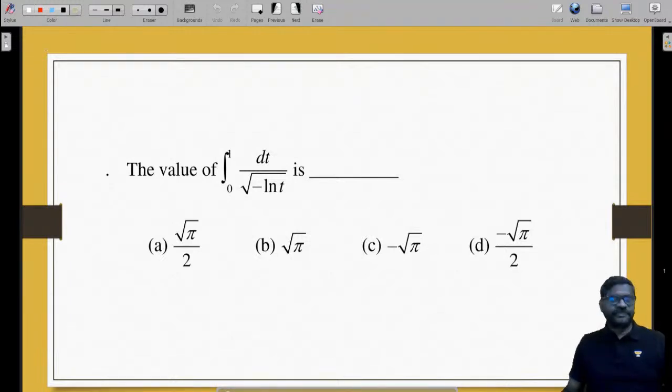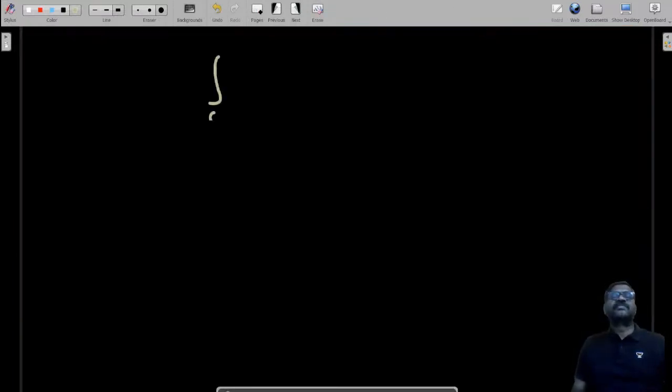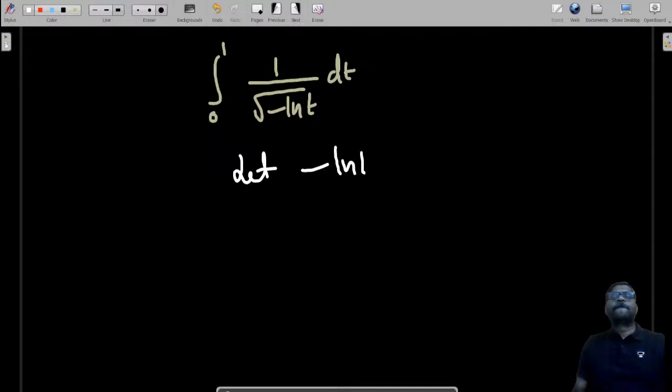Observe next column. Integral 0 to 1, 1 by square root of minus log t dt. Let us take minus log t equal to x.